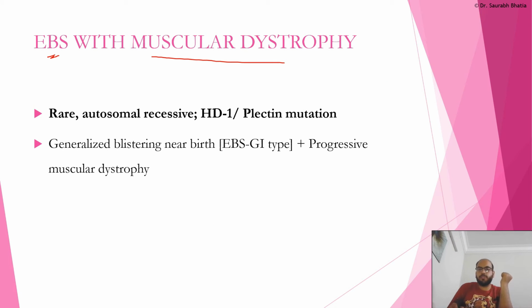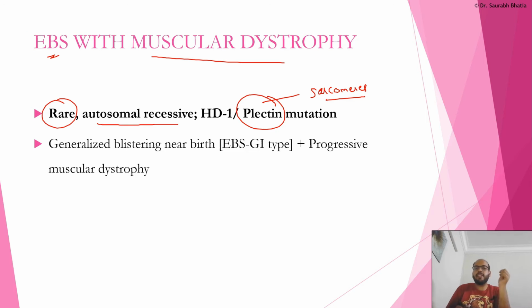EBS with muscular dystrophy. We have already mentioned that there is plectin mutation, and plectin is present in sarcomeres. So the mutation causes blistering in the epidermis and dystrophy of the muscle cells. It's a rare disorder and autosomal recessive in inheritance. Now, I've mentioned that the three major subtypes, the generalized severe, generalized intermediate, and the localized one, are autosomal dominant. Now, these subsequent subtypes, the fourth group, can have autosomal dominant or recessive disorders.